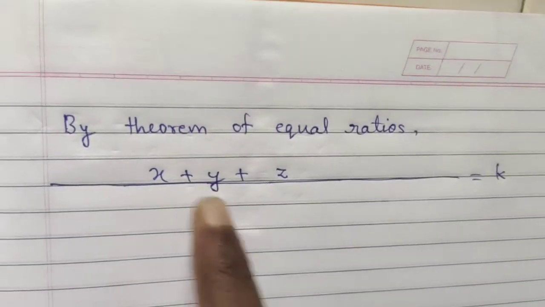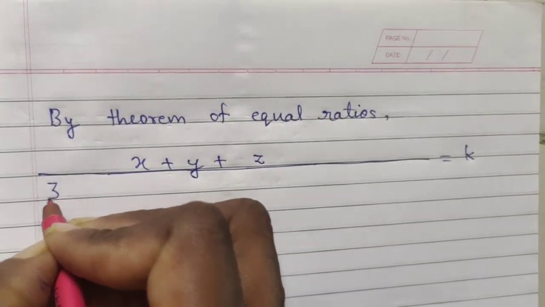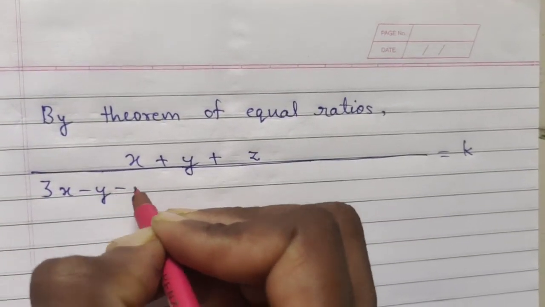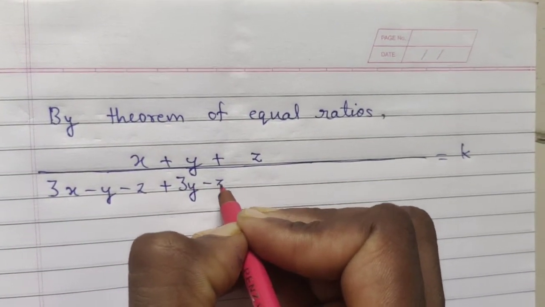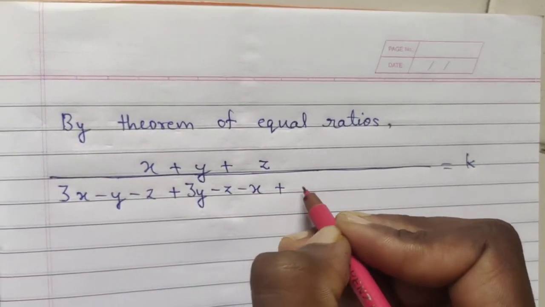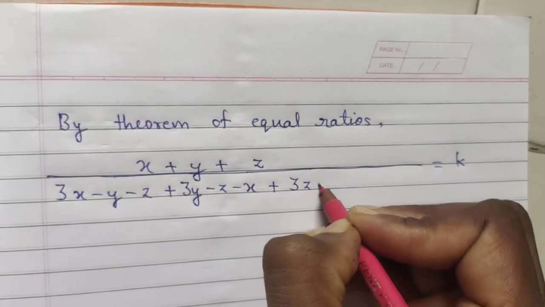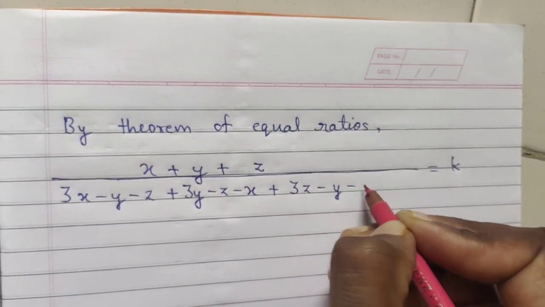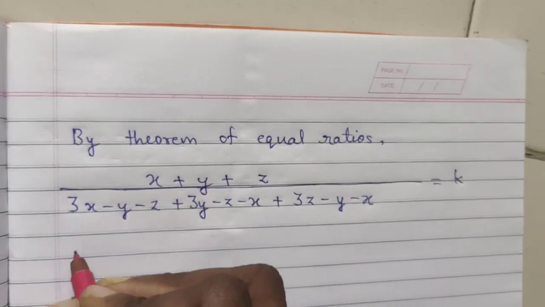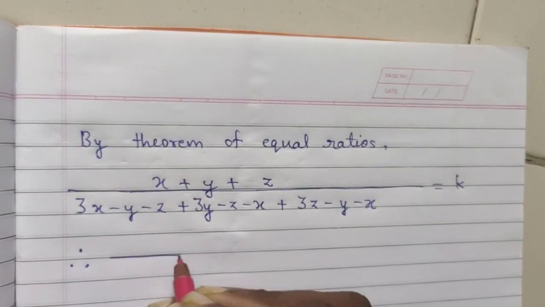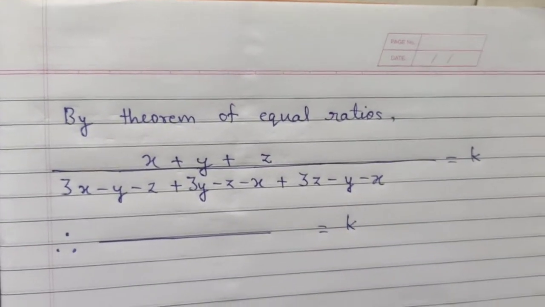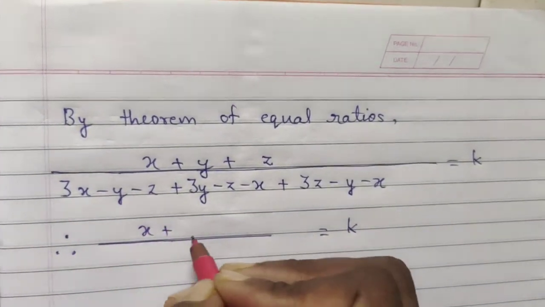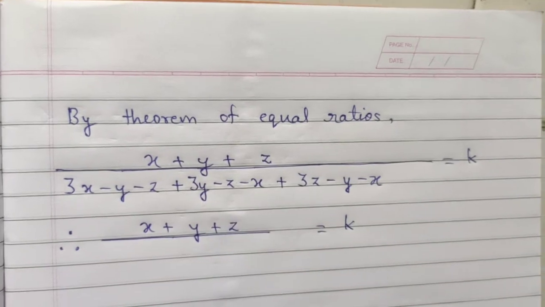So first thing is x upon 3x minus y minus z, plus y upon 3y minus z minus x, plus z upon 3z minus y minus x. Now see the next step. Next step is we are going to take like terms together and add or subtract, whatever is there.